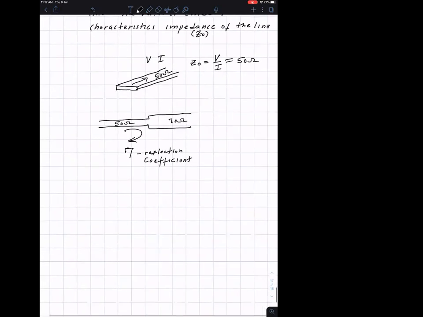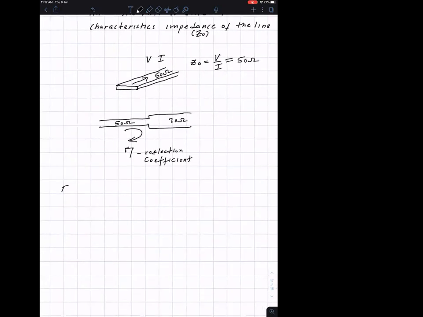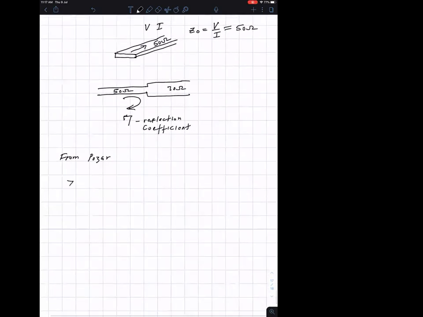The transmission line, for example, from Pozar, the characteristics impedance Z0 is 60 over the square root of epsilon_e. Epsilon_e is the effective dielectric constant. We'll talk about that later.